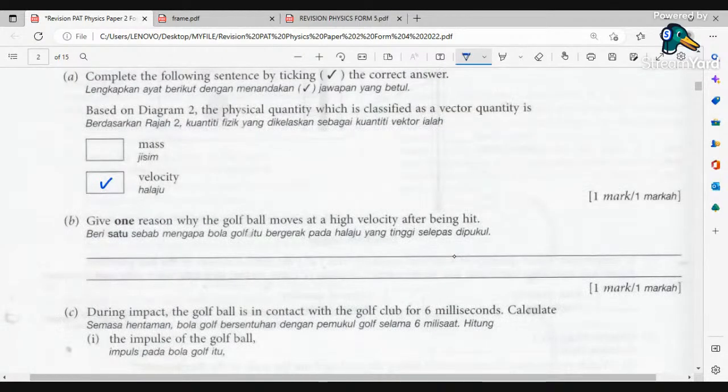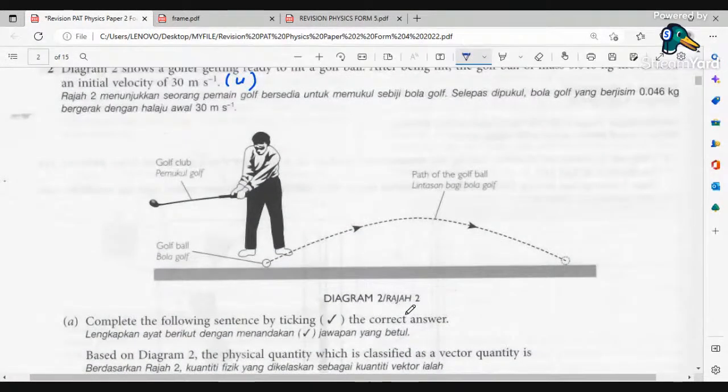Give one reason why the golf ball moves at high velocity after being hit. Okay, this is the golf club, and then this is the ball. Once hit, there's a transfer of energy to the ball. The ball receives kinetic energy, of course.